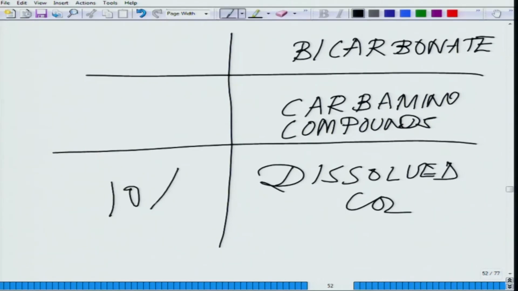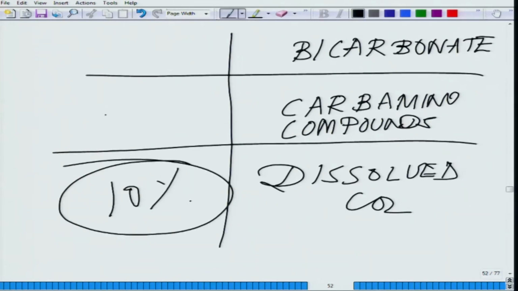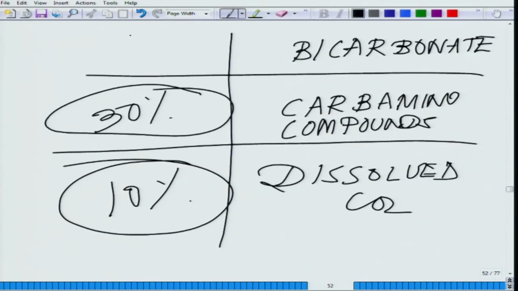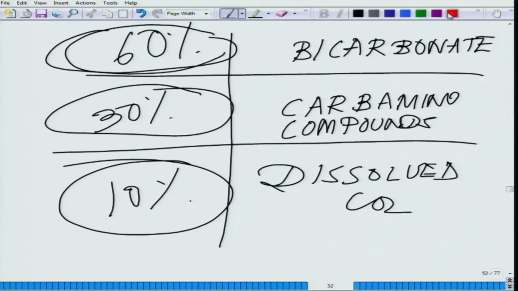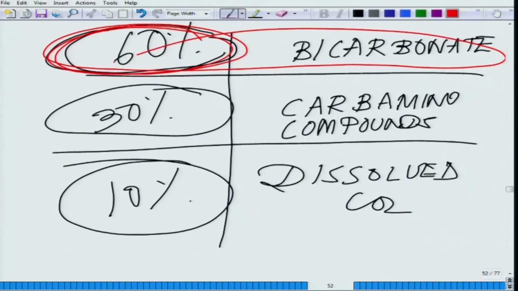So, dissolved is 10%. Carbamino compounds, that is carboxyhemoglobin, is 30%, and the major chunk is in the form of bicarbonate. This is very important: bicarbonate is the one which carries the maximum amount of it.